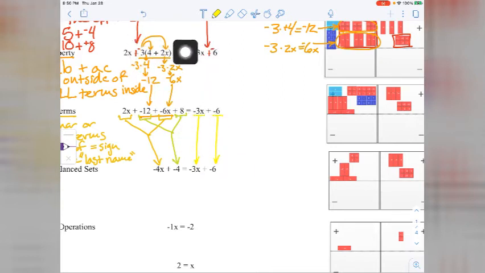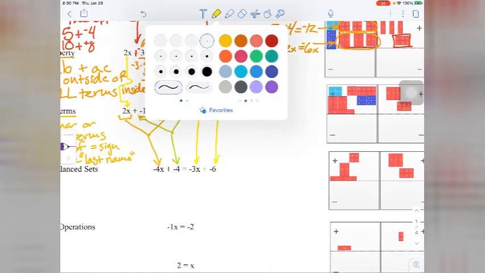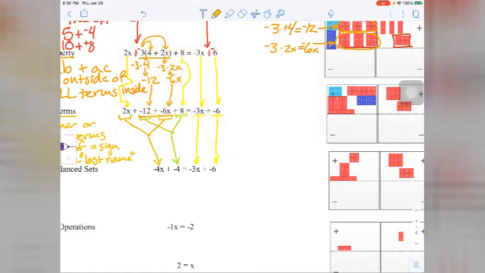I also have just rewritten the 8, again as +8. And then the 2x is going to be sort of a weird trail, but that also just comes down and gets rewritten again.